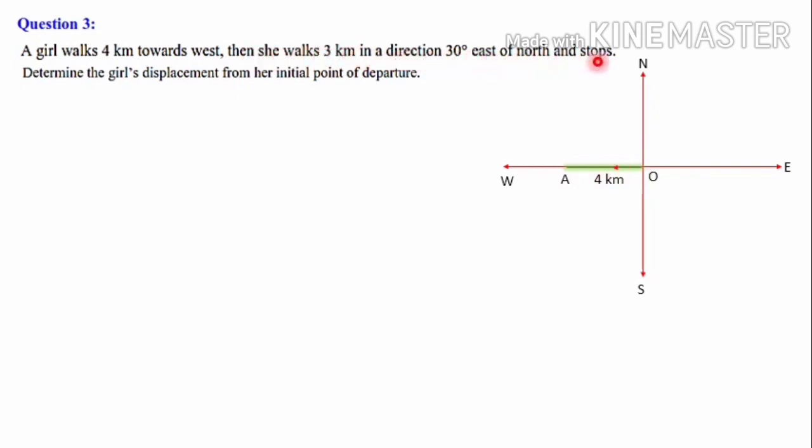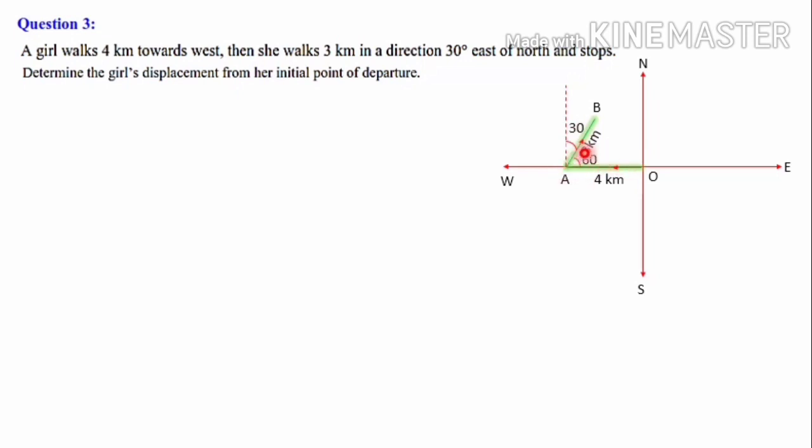From A she walks 3 km in a direction 30 degrees east of north. North is straight up from A, and east of north means the right side of north. So it goes like this, 30 degrees east of north, and she walks 3 km, reaches a particular point B and stops. If you consider this as the y-axis, this vector AB is making an angle of 30 degrees with the y-axis, which means the same vector is making an angle of 60 degrees with the x-axis.